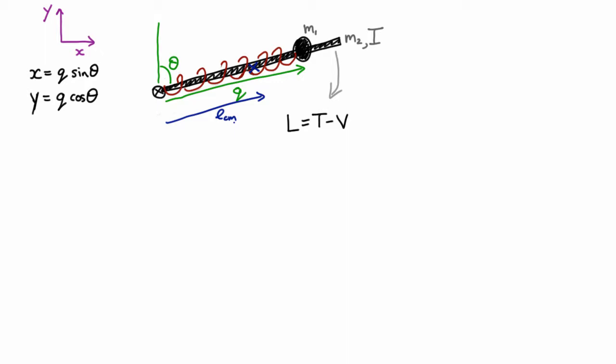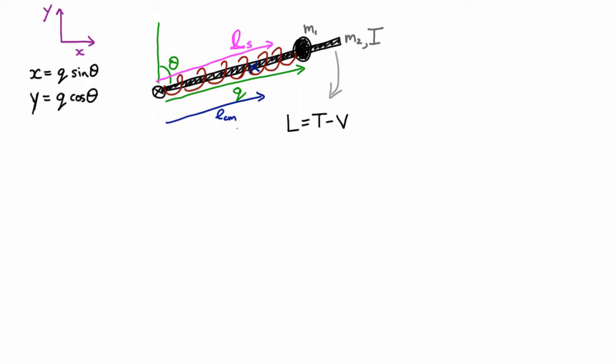I also need the potential energy from the spring, so I need yet another quantity, the natural length of the spring. Oh, I better not use L, I better use curly L again, S for the natural length of the spring.